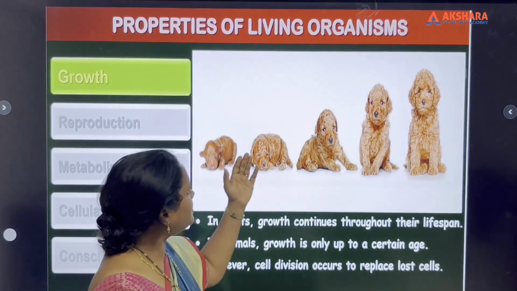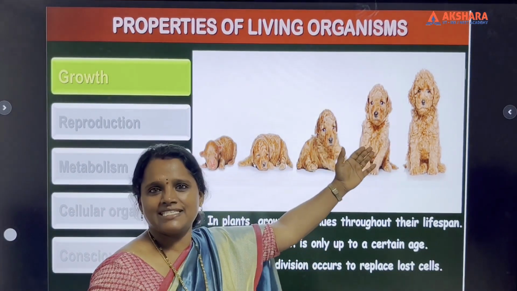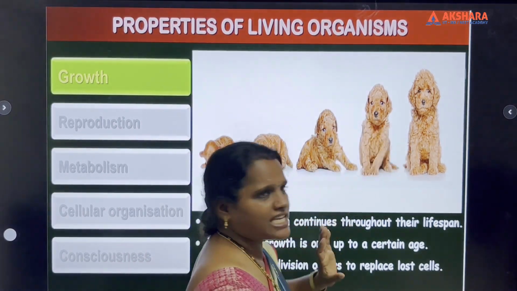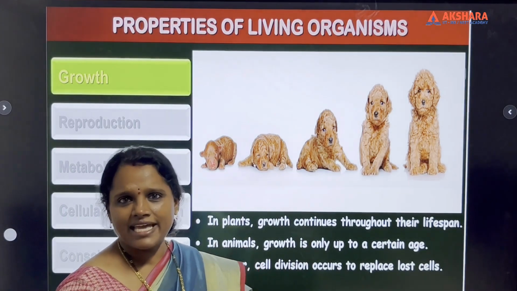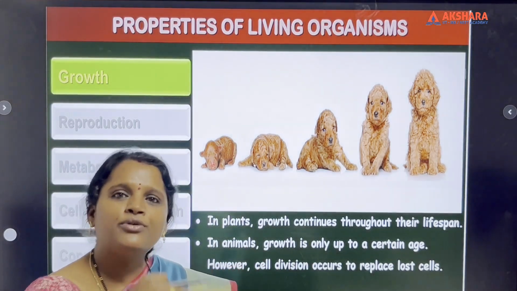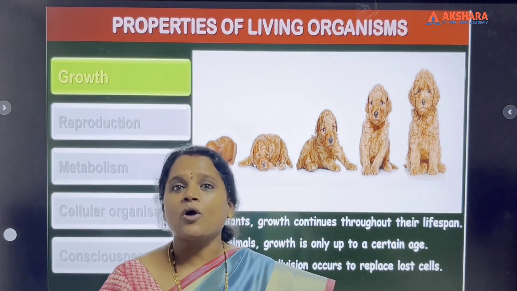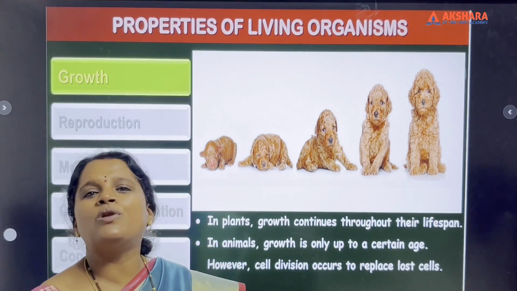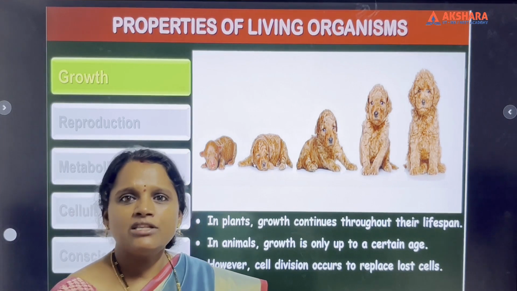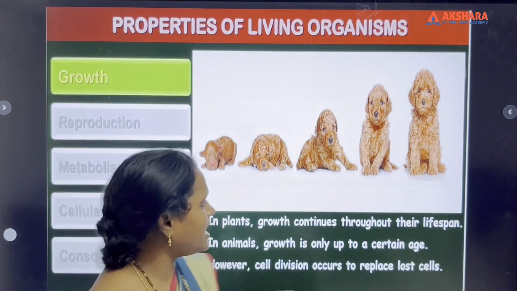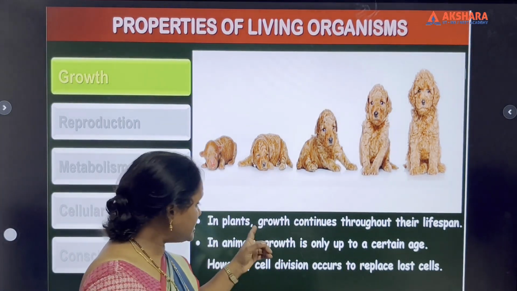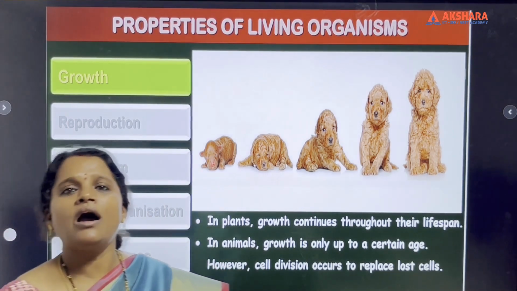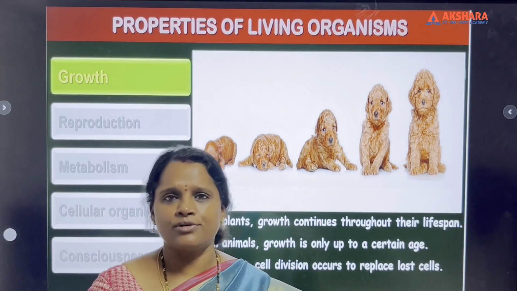An animal will gradually increase in its size, and after attaining a particular age, the organism does not grow morphologically or physically. Instead, the growth is confined to only cells. Cellular growth is seen in animals, whereas plants usually show eternal growth.